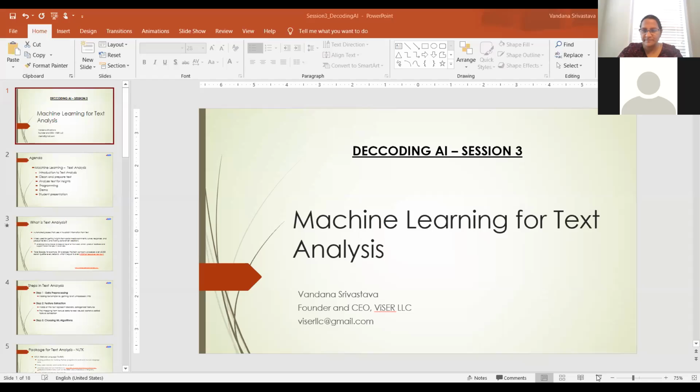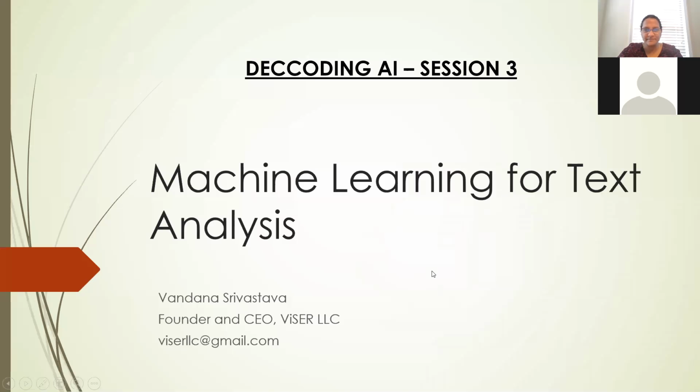Today's class is machine learning for text analysis. This is a continuation of what we discussed in the first class, when I introduced machine learning and artificial intelligence concepts. In that class, I mentioned the different applications of machine learning, and text analysis is one of those applications.